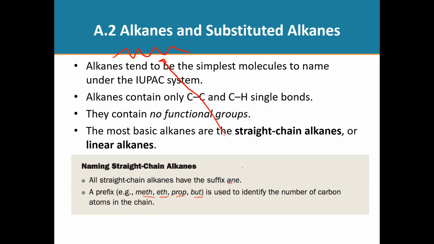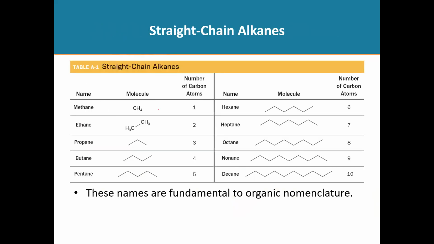It's a really good idea for you to learn these prefixes. Here, methane has 1 carbon, ethane has 2, propane has 3, butane has 4, pentane has 5, 6, 7, 8, 9, 10. I'll be honest with you, and I don't want this to be you.